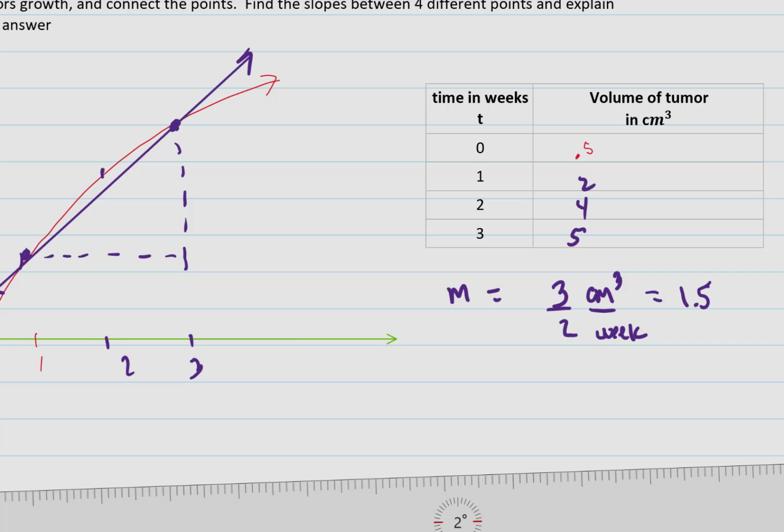So say I'm the doctor, and someone shows up in my office and says, okay, after a week, I looked at your tumor, it was 2 cubic centimeters. I missed a week. I came back 2 weeks later, and I found out it was 5 cubic centimeters. I'm going to think that your tumor is growing on average about 1.5 cubic centimeters per week.